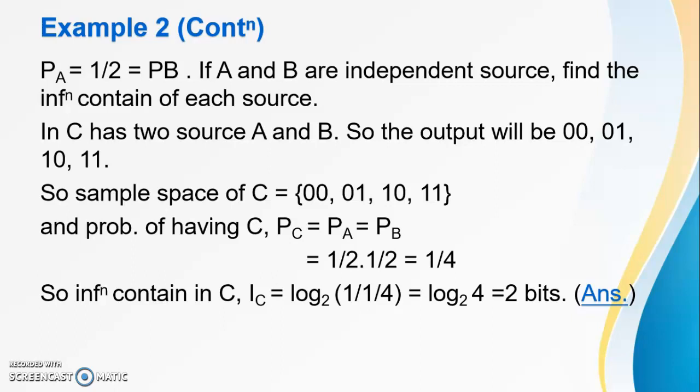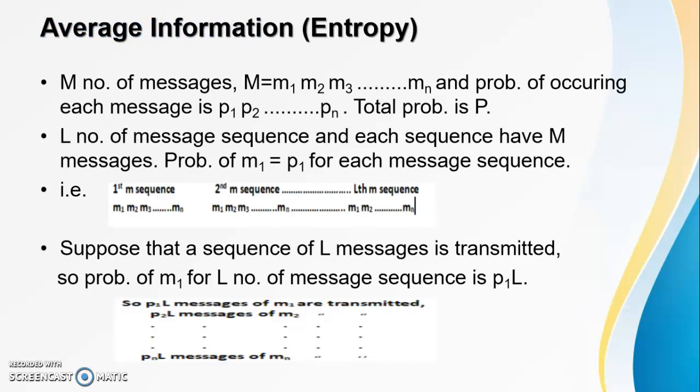Now coming to another topic, which is average information in a message, or entropy. Consider there are m different messages, m equals M1, M2, M3 up to Mn, and the probability of occurring each message is P1, P2 up to Pn.